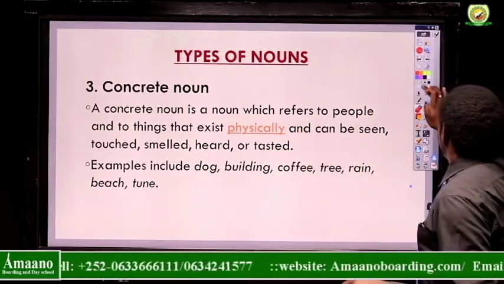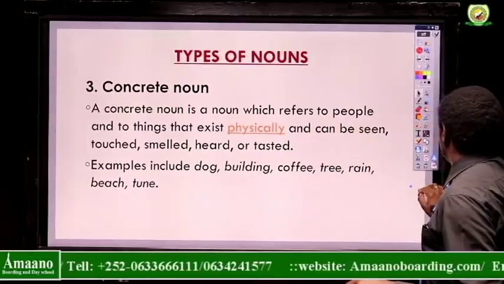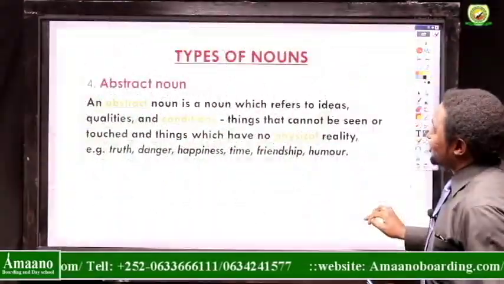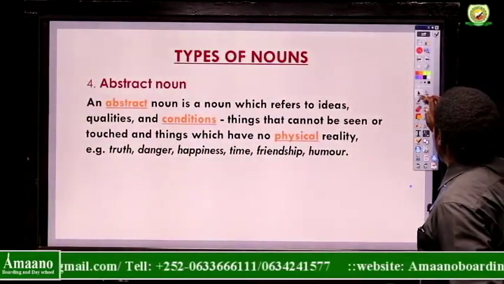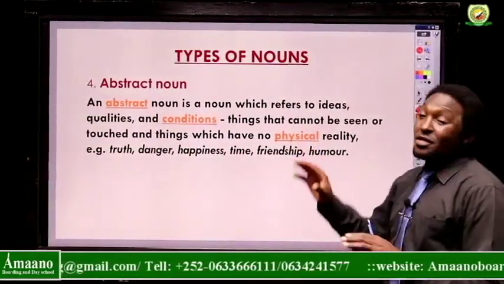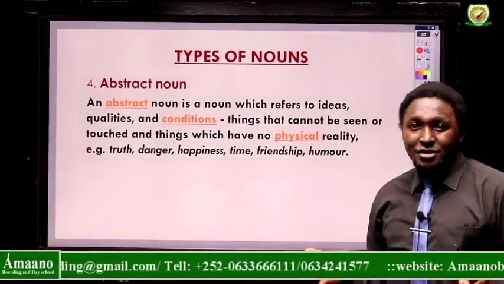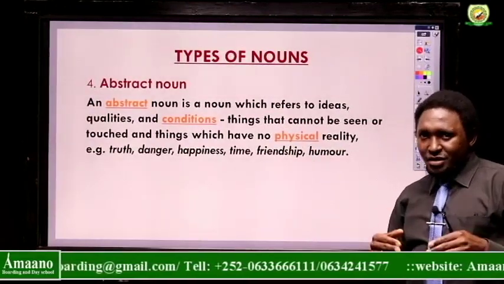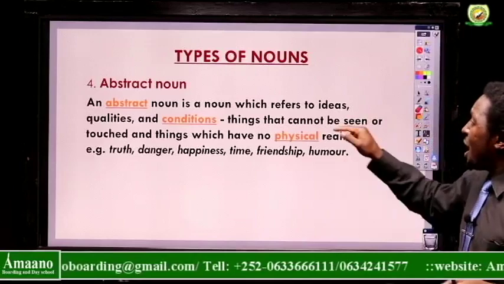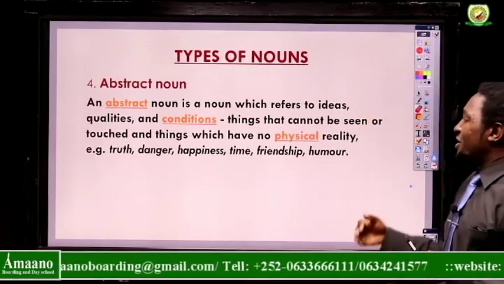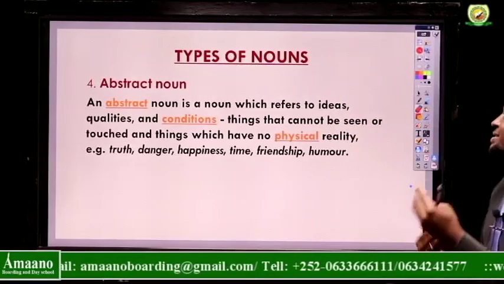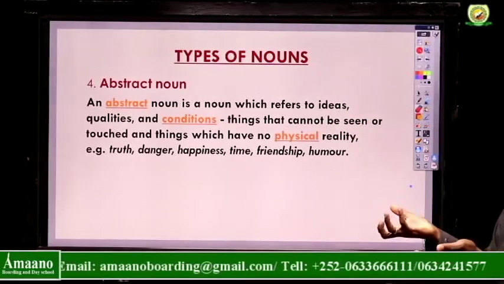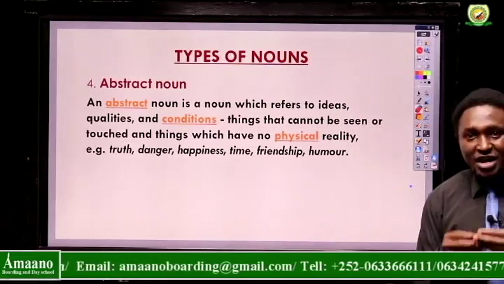The opposite of concrete is abstract. Do you have abstract here? Yes, very good. The opposite of concrete is abstract. Now these are the ones I told you about: happiness, goodness, respect, wisdom, joy. So an abstract noun is a noun which refers to ideas, qualities and conditions, these things that cannot be seen or touched, and things which have no physical reality.